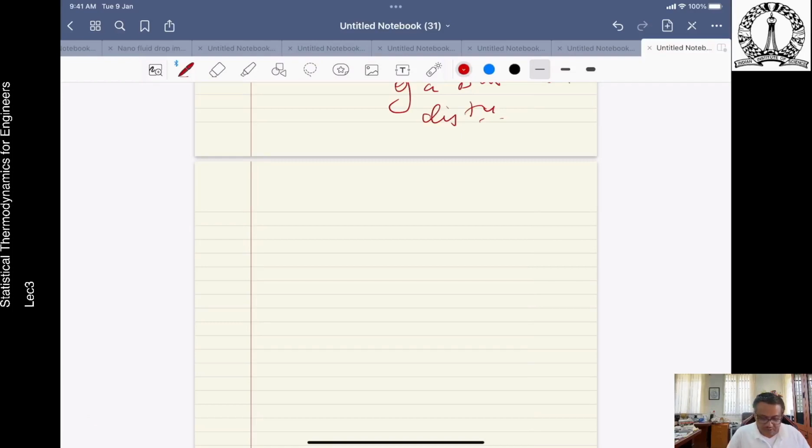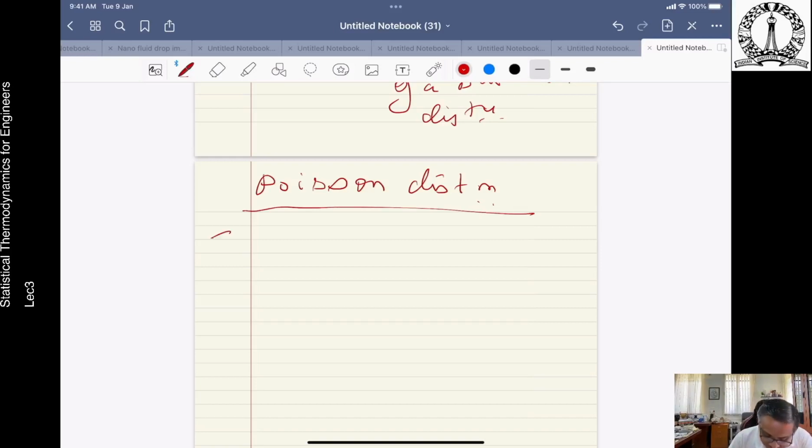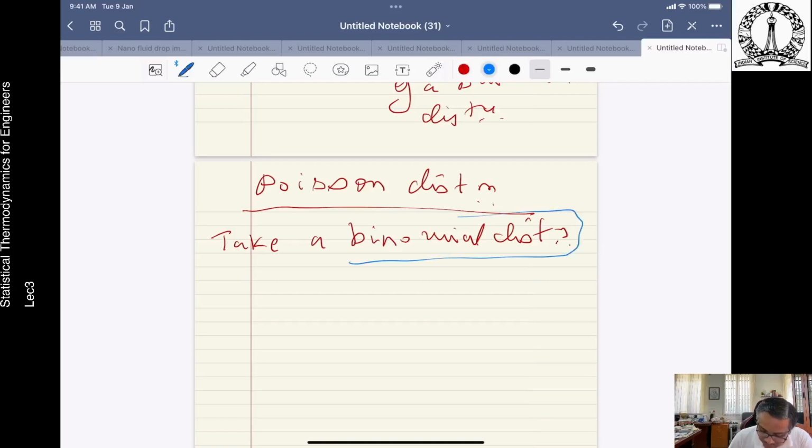So let's look at the next distribution, which is called the Poisson distribution. What is a Poisson distribution? It is like a binomial distribution, only in this case n is very large, that means it approaches infinity, a very large number of trials, and p goes to 0.